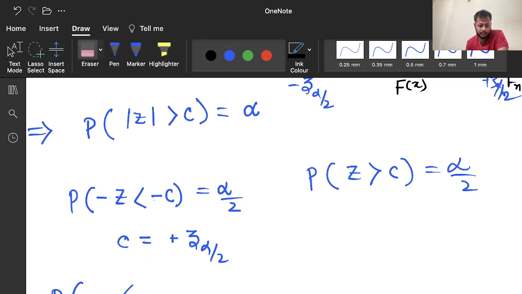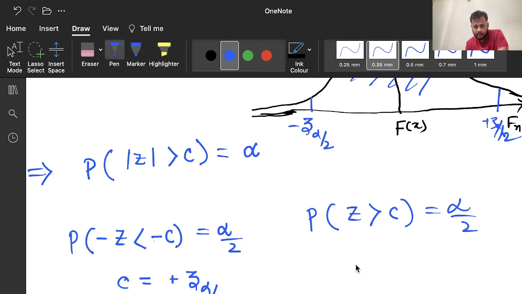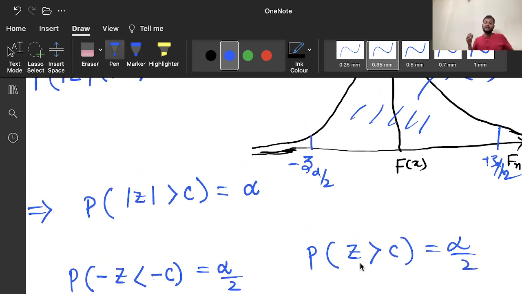Let's put here what the value is: minus z alpha by 2 is less than or equal to Z and less than or equal to z alpha by 2, with 1 minus alpha percent confidence. That means I estimate F(x) by Fn(x), and the probability within 1 minus alpha percentage of confidence that it will remain inside that region, what will that region be?